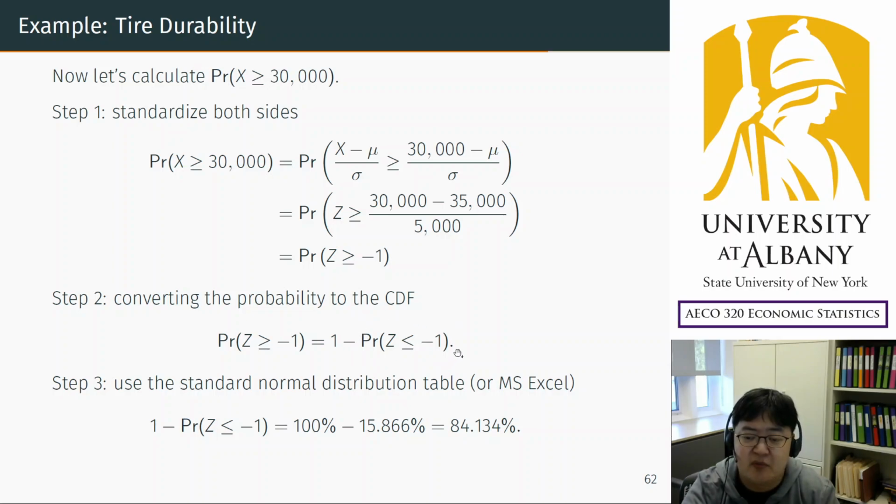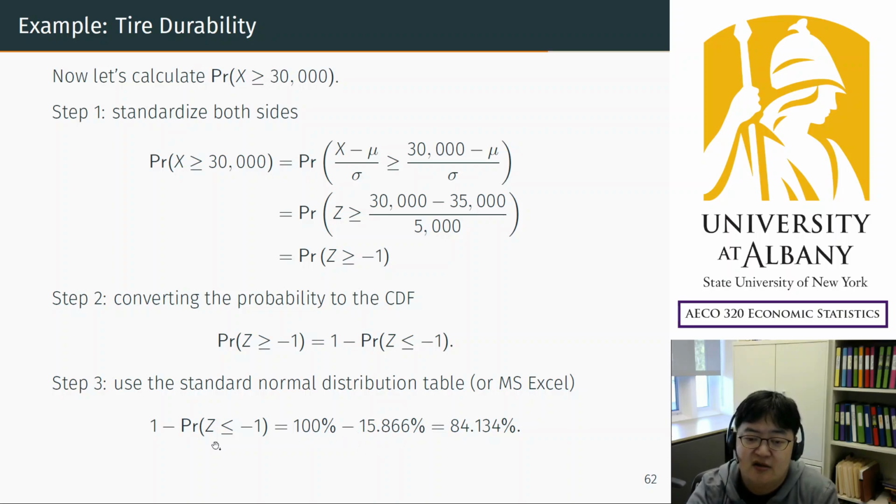See, this is a value from the CDF. So you can calculate this value from the CDF of the standard normal distribution. So from Excel, you should be able to find the probability smaller than -1 is 15.866%.